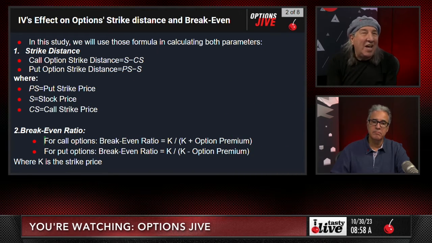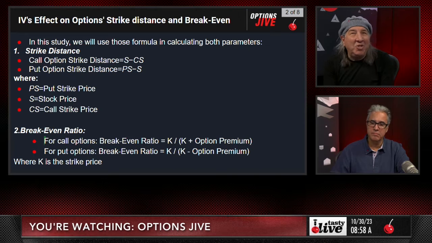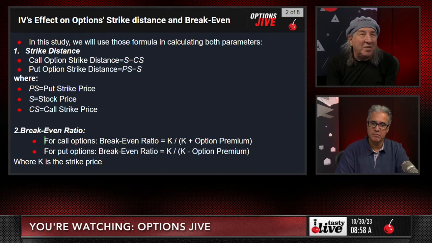This is the heavy part right here. In this study, we will use the formula below in calculating the parameters. The strike distance: we'll call PS the put strike price, S the stock price, and CS the call strike price. And here's where it gets a little confusing, Tony. The break-even ratio.